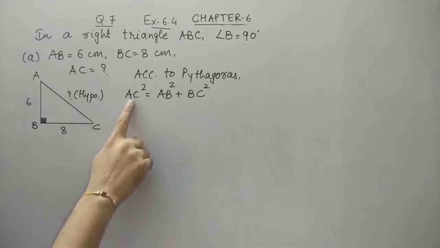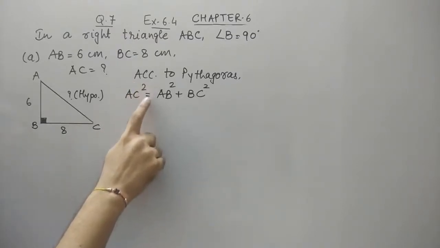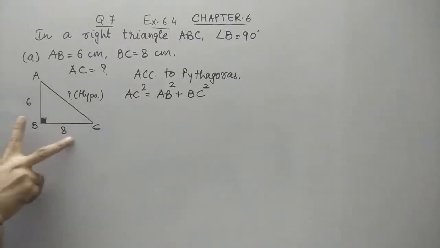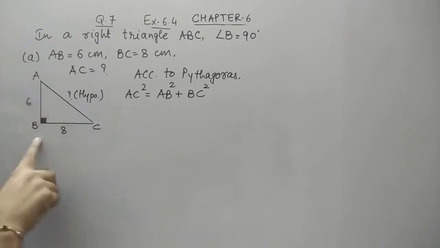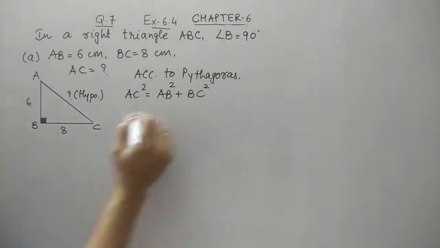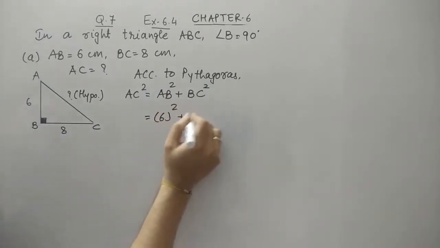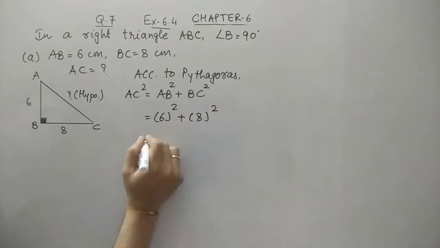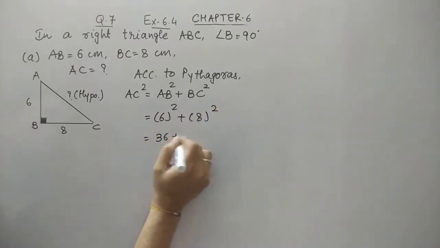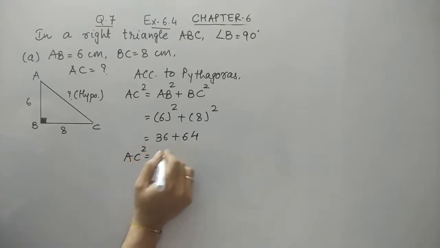We take the square of the hypotenuse, which equals the sum of the squares of the other two sides, AB and BC. So AB we have is 6 and BC we have is 8. The square of 6 is 36 and the square of 8 is 64. So AC square is 100.